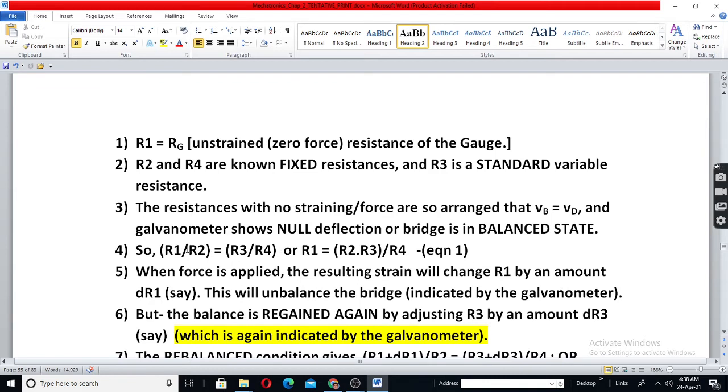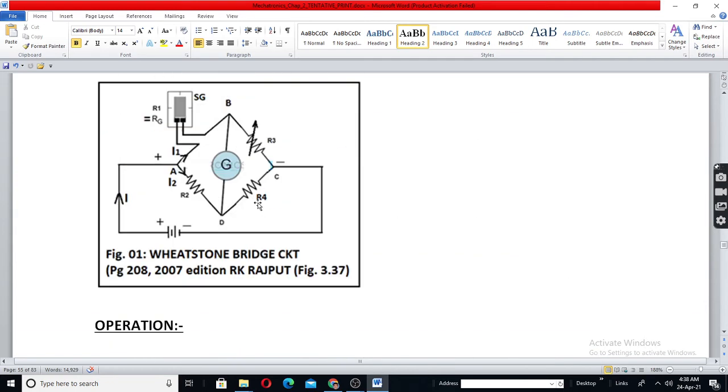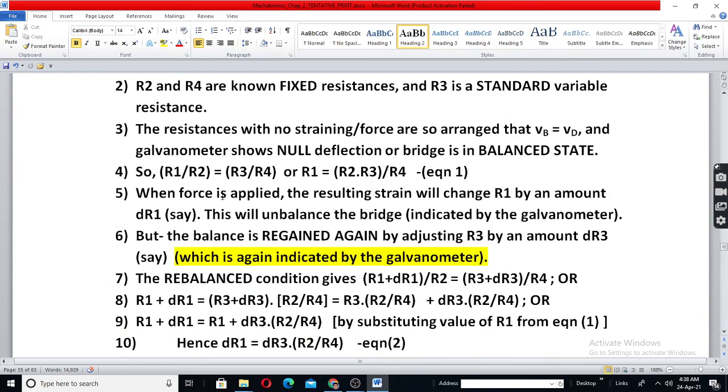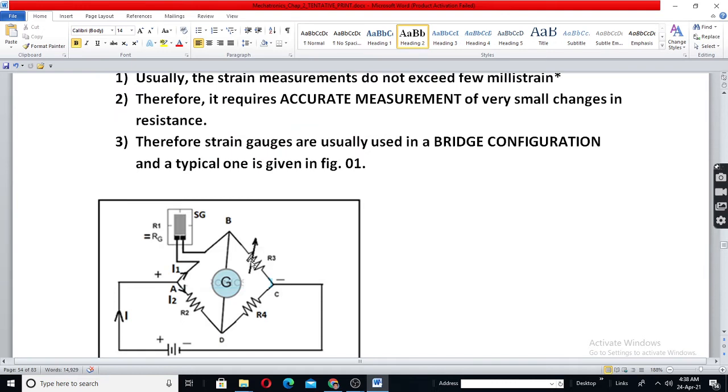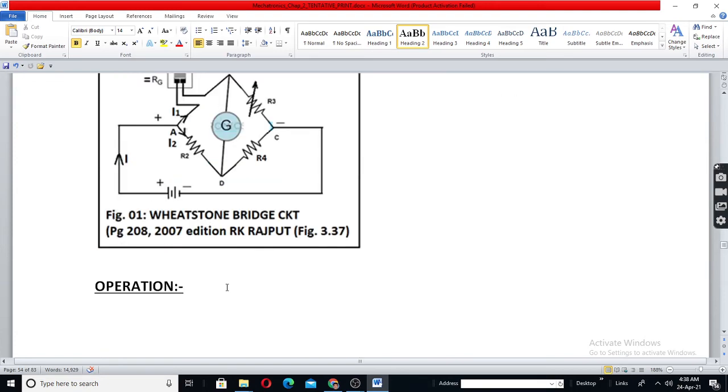See, R1 by R2 will be equal to R3 by R4 initially under no force. When there is force applied, you will adjust this. R3 means the value just before the force being applied and the balance condition is reached.